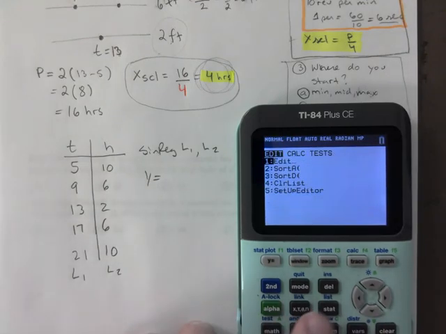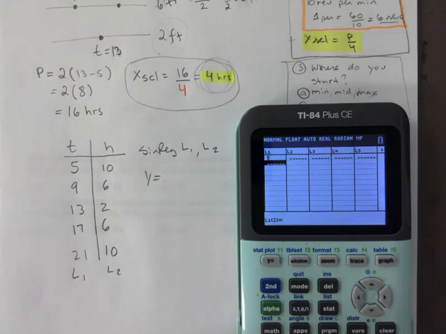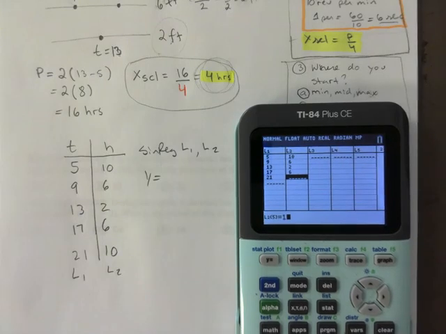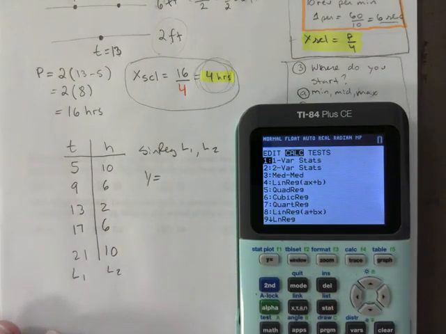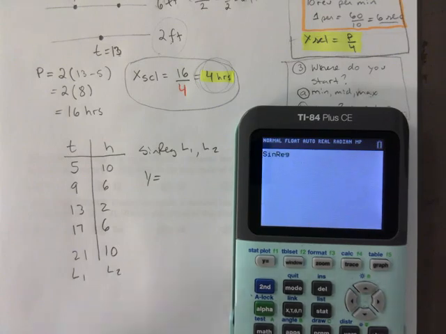So type that in. I find sinusoidal regression if you go arrow up and you get to that much faster.